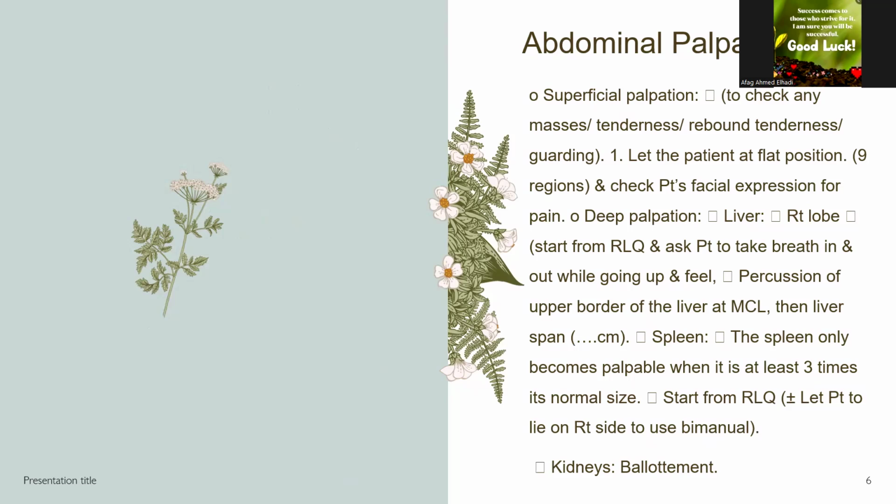The aim is that when they take deep breaths in, the spleen or the liver would be touching the tip of your index finger. So you need to be very careful. When you move your fingers, it has to synchronize together, and don't rush.